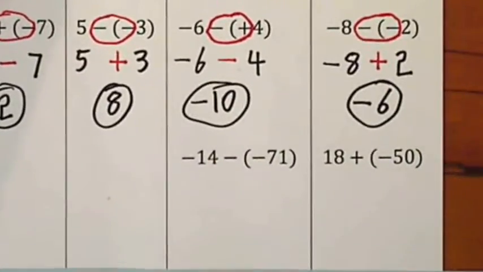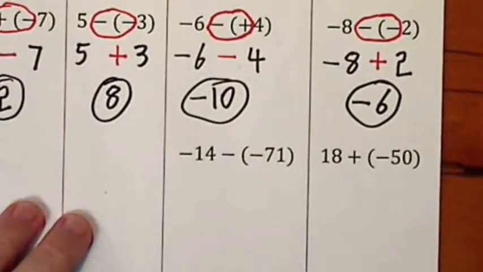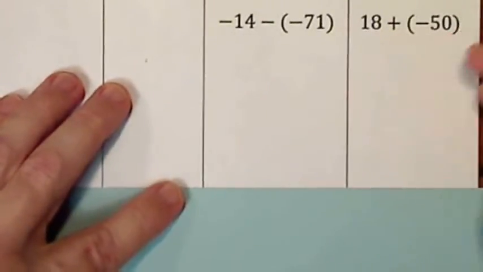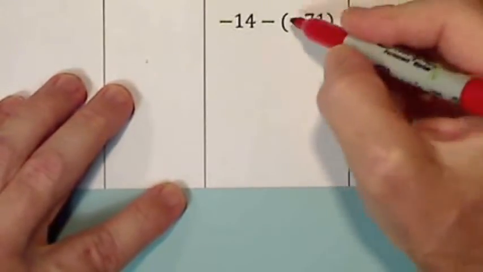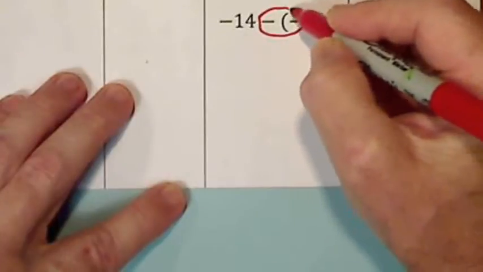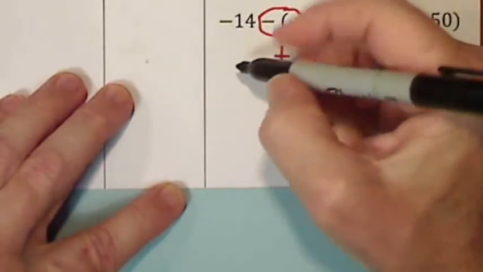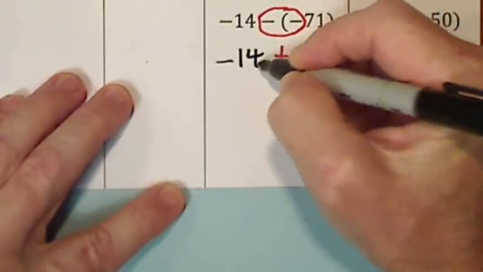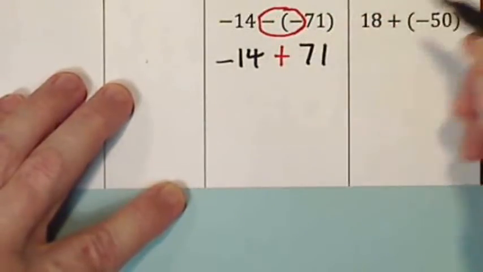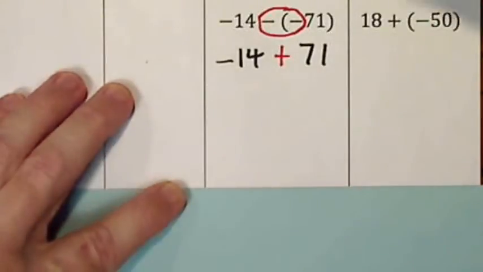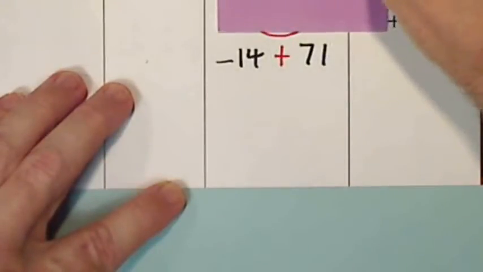We'll try this with a couple numbers that are a little bit bigger. All right, two signs in front of a number. Negative times a negative is positive. And remember, once you do this, everything up here is gone.